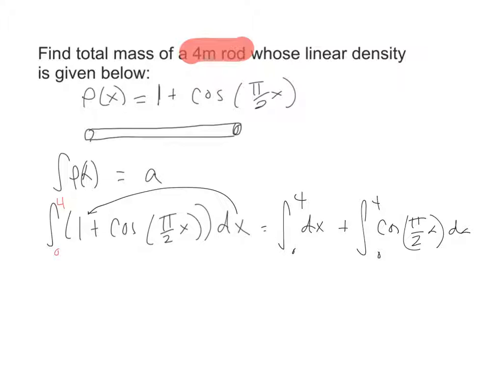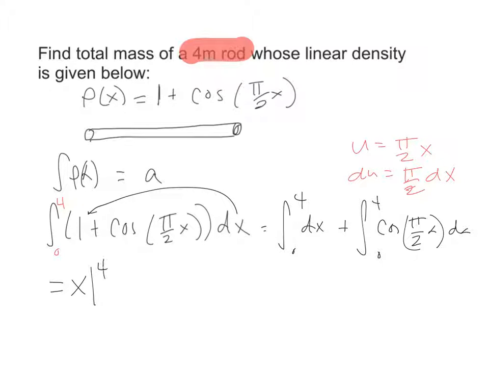So I can u sub. So u equals pi over 2 x, du equals pi over 2 dx. So I can do this one really quick.